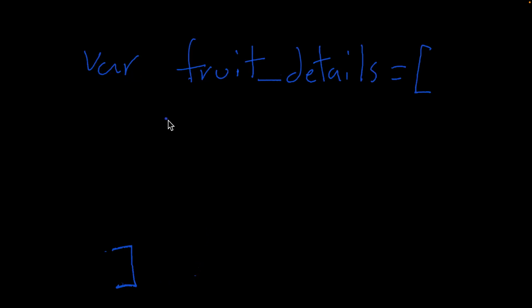In this array, we have objects. First one we'll say is fruit name: Apple.